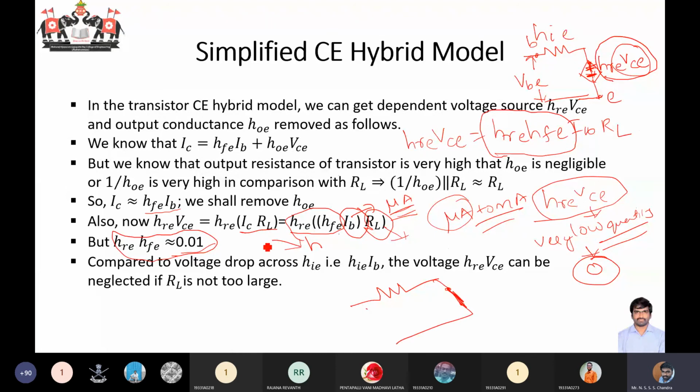Okay, so this will be your VBE, this your hie. So instead of your dependent voltage source, I am replacing it with a short circuit. Okay, so from the previous exact circuit, I am removing two terms. One is the dependent voltage source, the other is your output conductance.